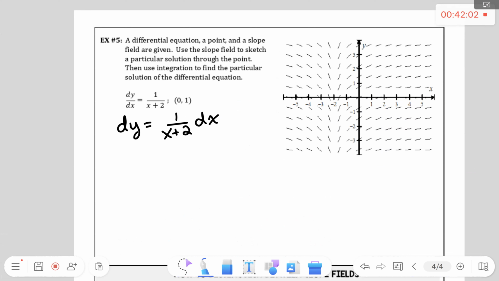What's the next step? Antiderivative. So that's going to be y equals what? What's the antiderivative of 1 over x? Natural log. Natural log of the argument, x plus 2, plus c, right?